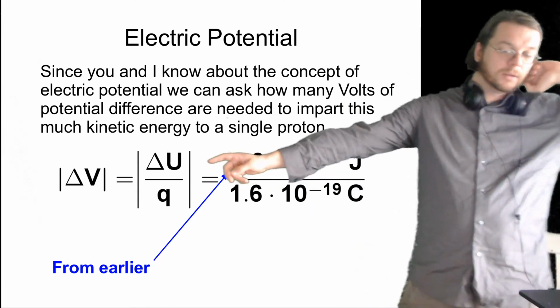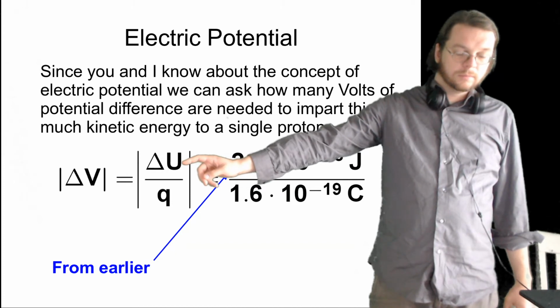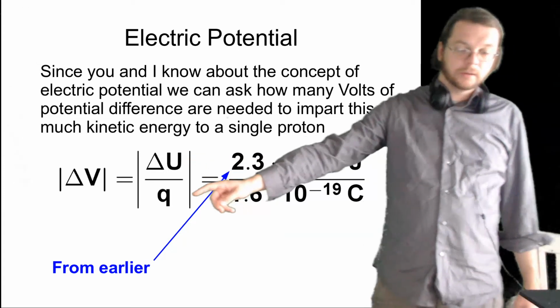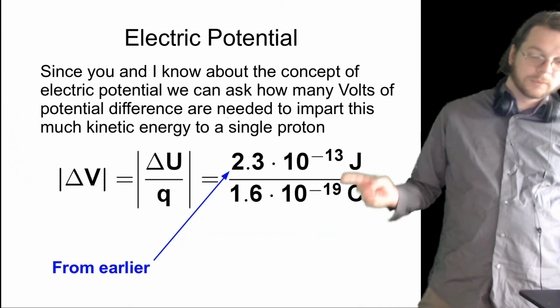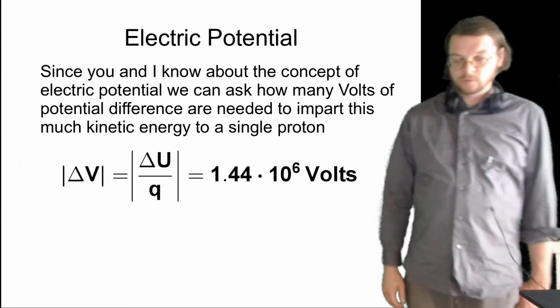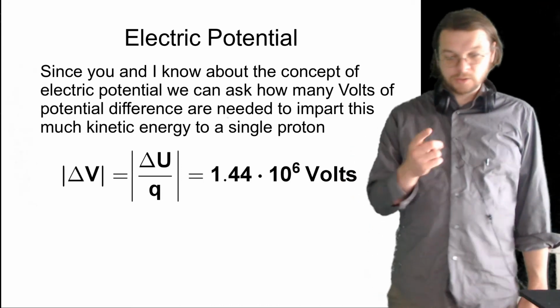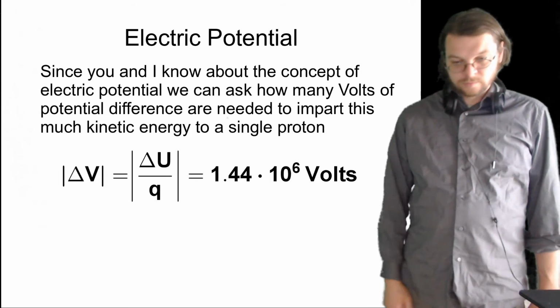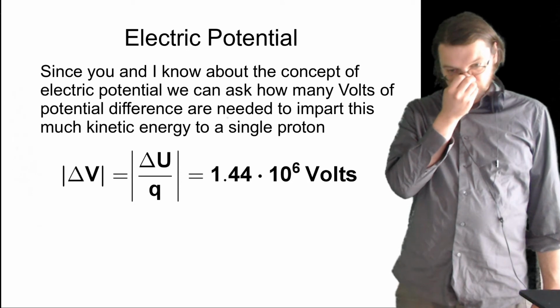Well, if this is our potential energy, we can divide that by the charge of the thing that we're playing around with. So we divide this by this, and we end up with something like 1.44 times 10 to the 6 volts. So the question is, is this a humanly achievable voltage? Is this possible, or is this just nuts?